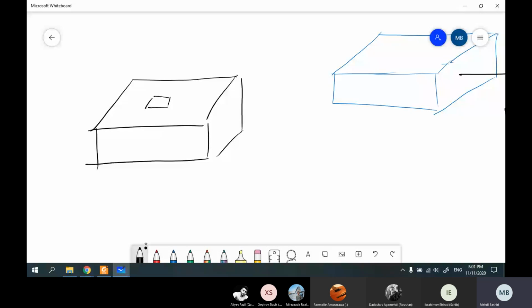This is the center, and we have a column like this. The column is connected to the foundation.